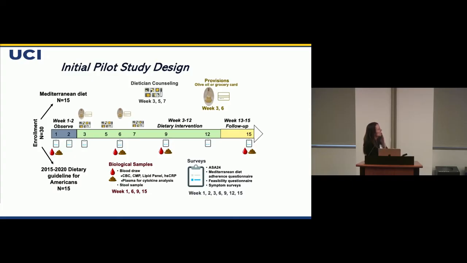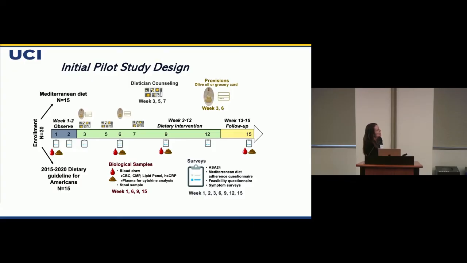And then we also, since the larger Mediterranean diet studies in cardiovascular disease gave people olive oil, we did that as well. And then this group got coupons or gift cards for a grocery store. And then during this, we collected 2 samples of blood and stool.